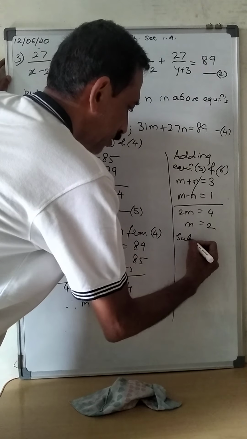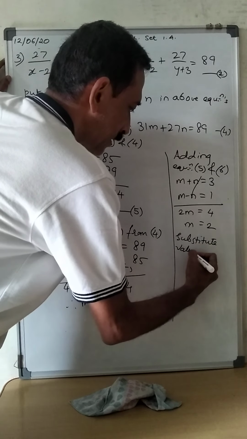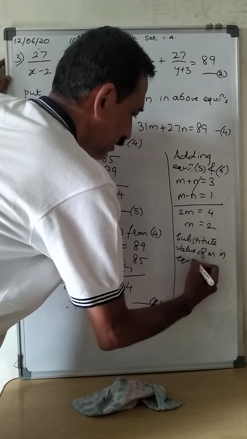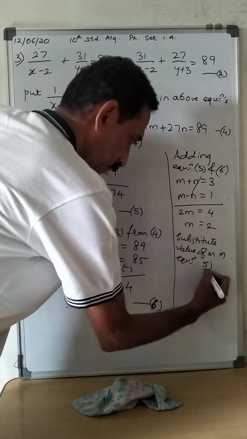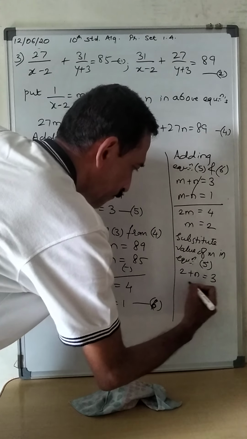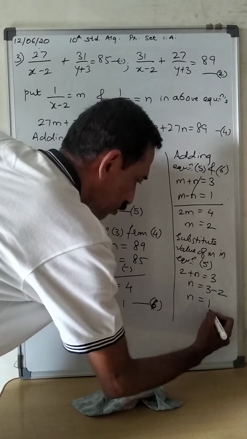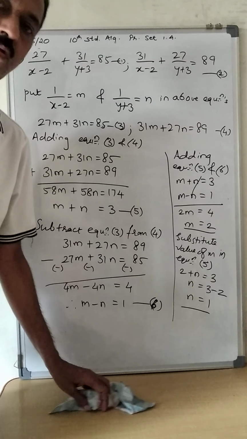Now substitute the value of m in equation 5. So we get 2 plus n is equal to 3. So n is equal to 3 minus 2 or n is equal to 1. So we got m is equal to 2, n is equal to 1.